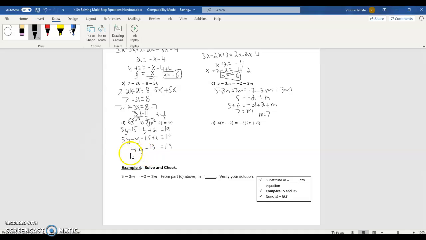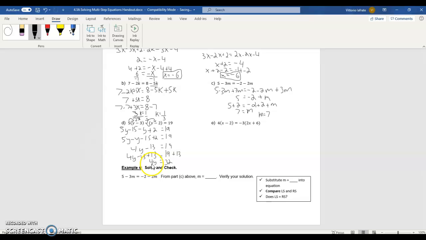So we can do 4y minus 13 plus 13 is equal to 19 plus 13. That gives us 4y, because minus 13 plus 13 is 0, is equal to 32.